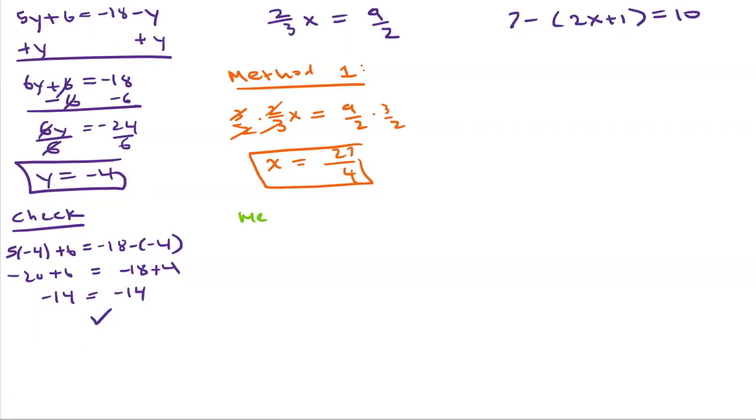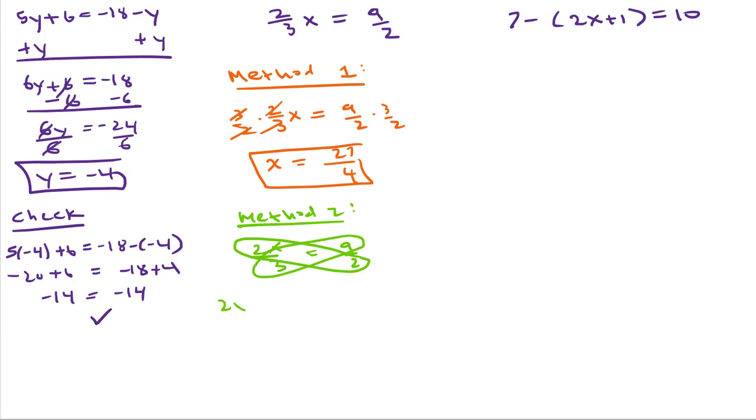Okay, method number 2 is by cross multiplication. So if I have 2/3 x, I can rewrite this as 2x over 3 is equal to 9 over 2. And I can just cross multiply. So I can multiply these together and then multiply these together.